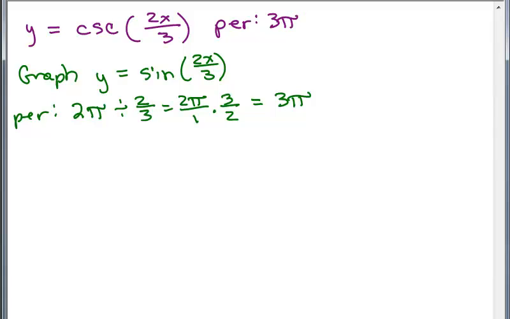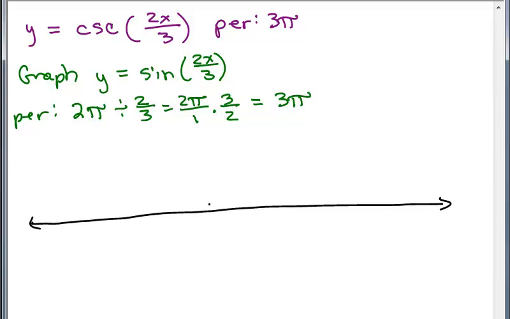Now, when you graph the sine function, remember if the period is 3 pi, that means it goes in between 0 and 3 pi. So before going on, let's say we've got our sine function here. How's this going to look? I know there's going to be these key points until I get to 3 pi.